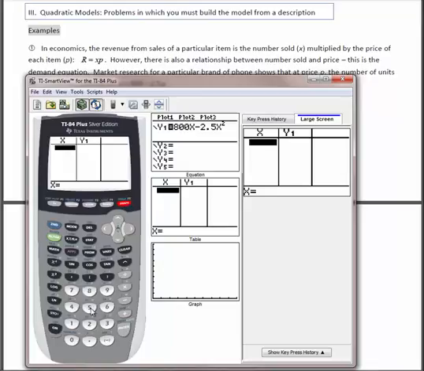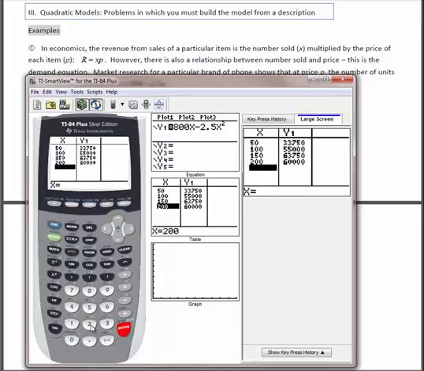So let's put in the numbers that we had. 50, enter. 100, enter. 150, 200, 250, and 300. You can see that the values that the calculator returns are the exact same ones we got by manually plugging in those numbers. But it's a nice, fast way to do it, so I wanted to make sure you had a chance to see that.